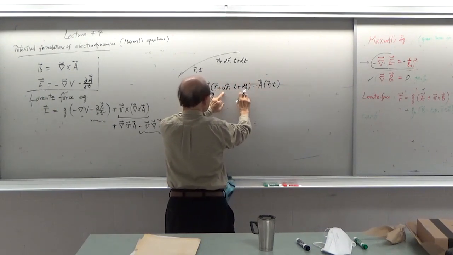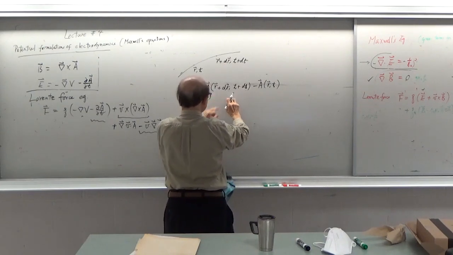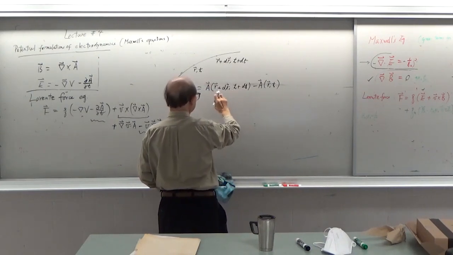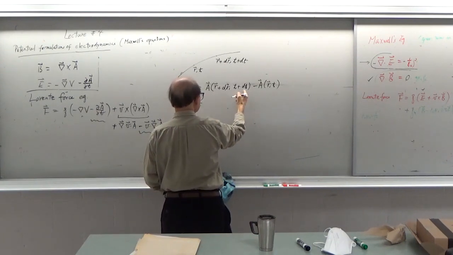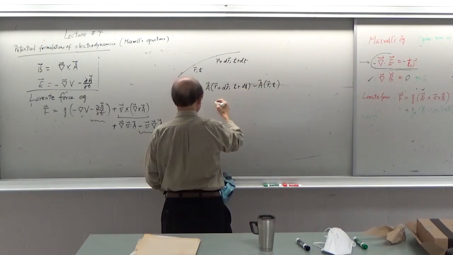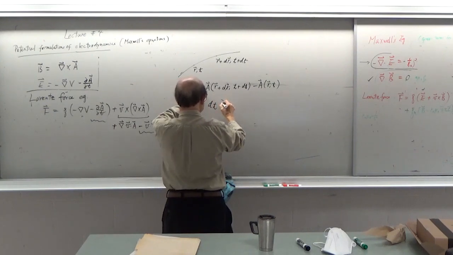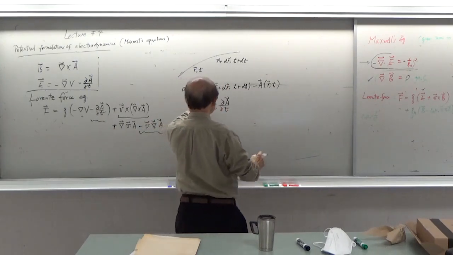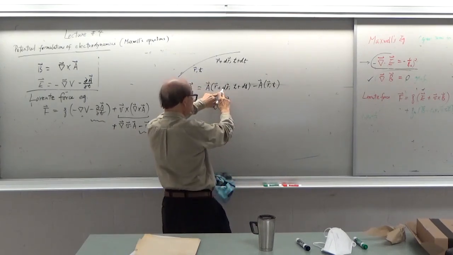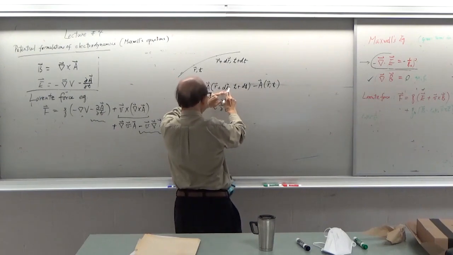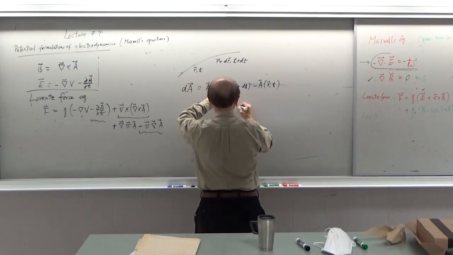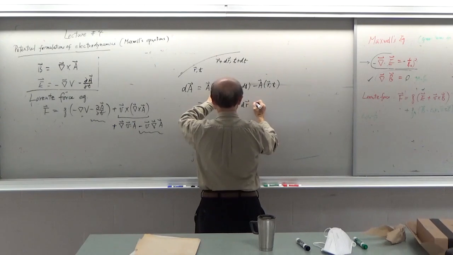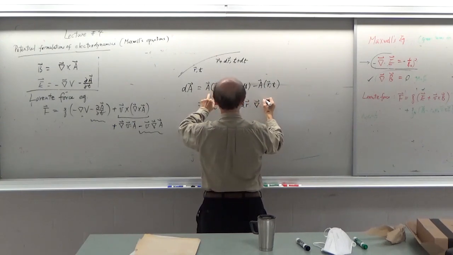But due to the fact that A depends on time, there will be a term given by dt times ∂A/∂t. And because A also depends upon the location, if the location changes by that much, there will be a plus dr dot gradient acting on A.